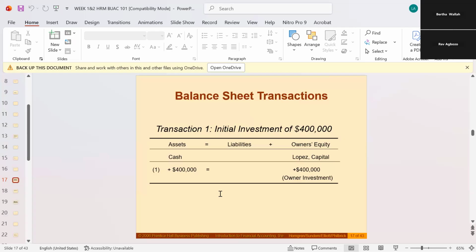Now, the capital structure would depend on the type of ownership of the business, whether it's a sole proprietorship, a partnership, or a corporate limited liability company.